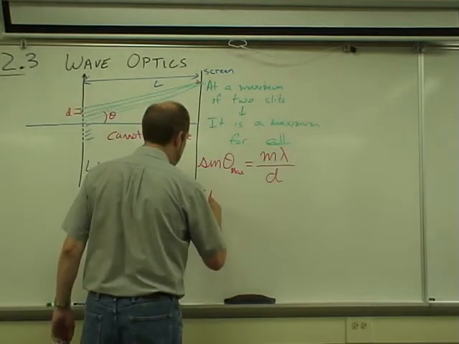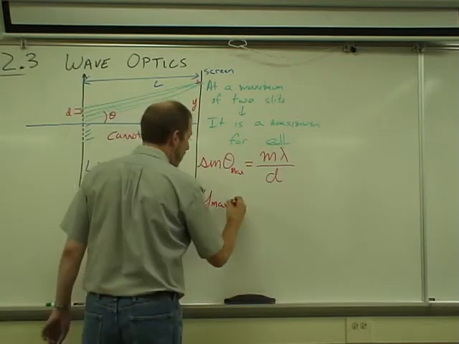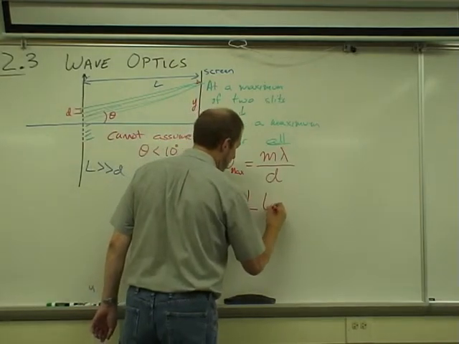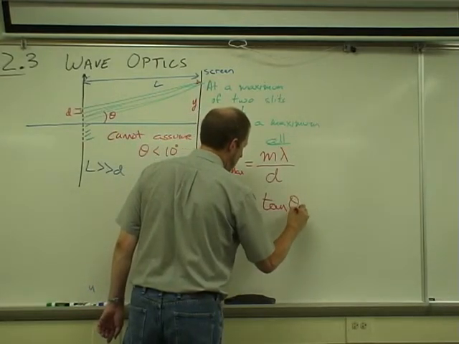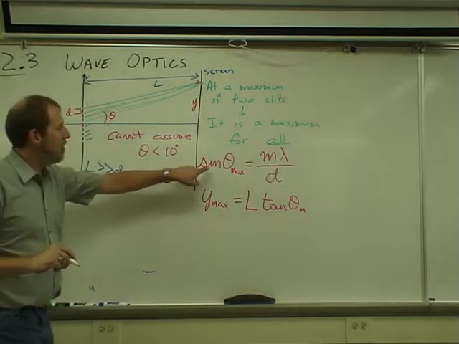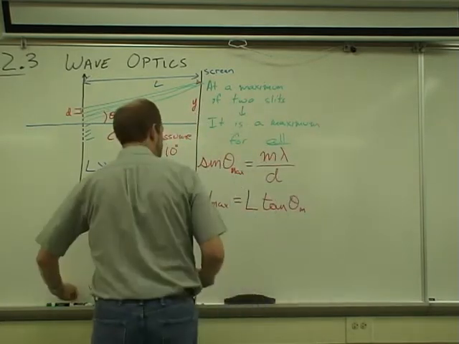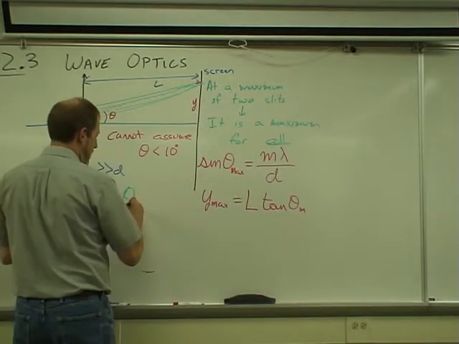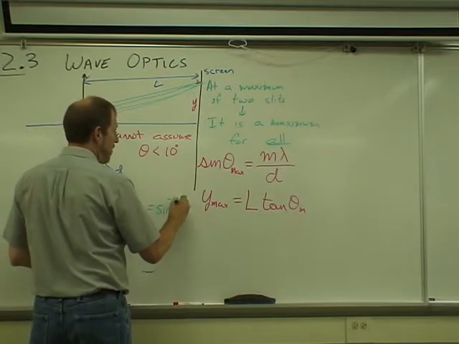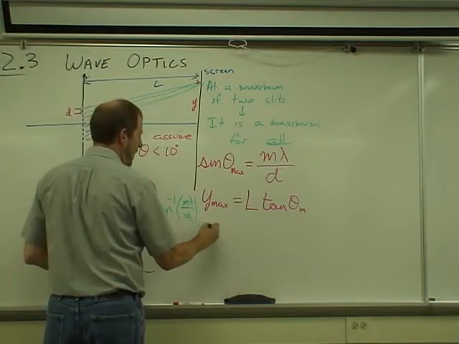So if I want to find the locations where those maxima occur, then I need to write that still in terms of that angle. I can find this angle by saying that angle is the arc sine of m lambda over d.